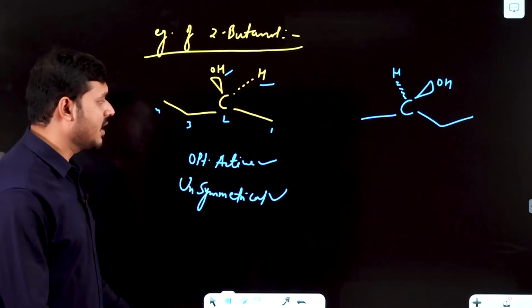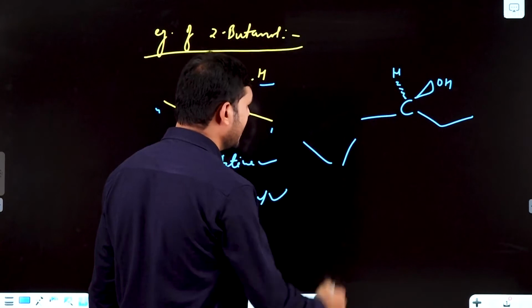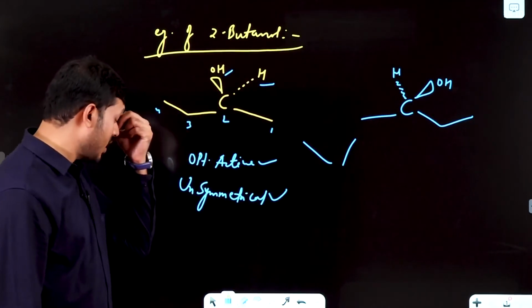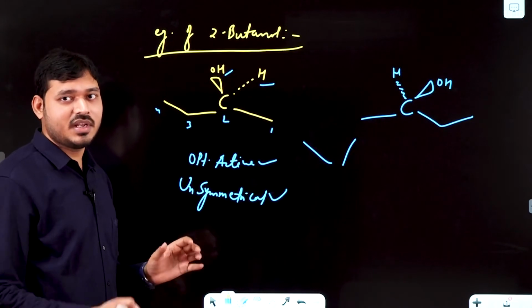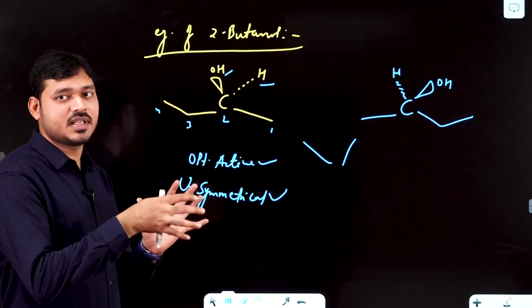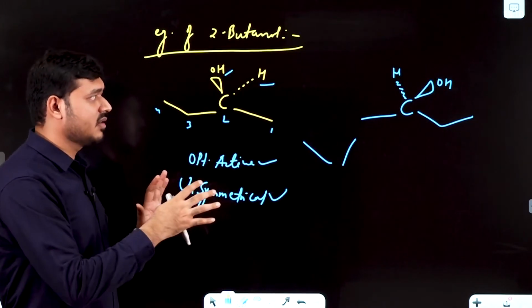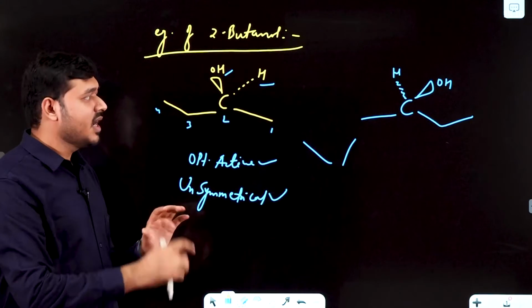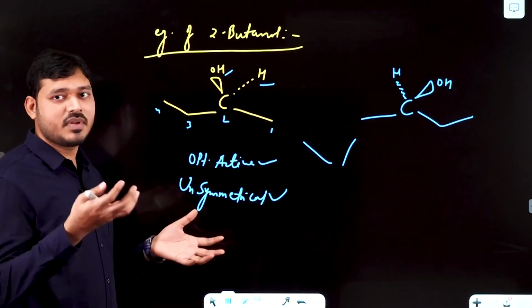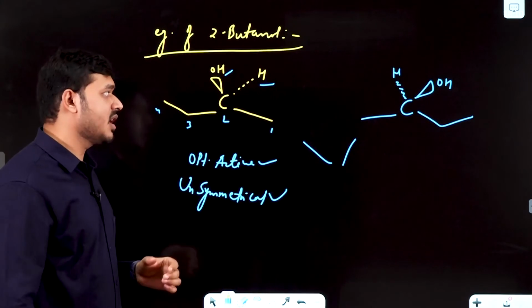But if I say their melting point and boiling point, it has been observed both have the same boiling points. As we know it is an alcohol, so it will have intermolecular hydrogen bonding as well. So generally, comparing a hydrocarbon having nearly the same molecular mass with this compound, this will have a higher boiling point due to intermolecular hydrogen bonding.